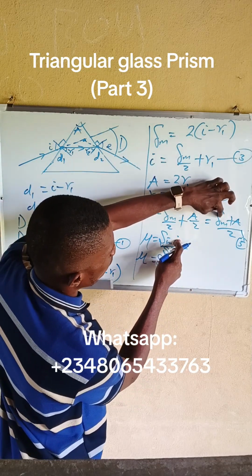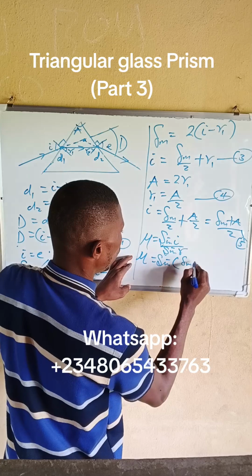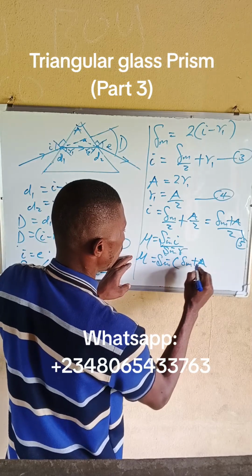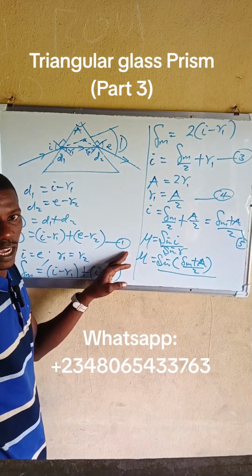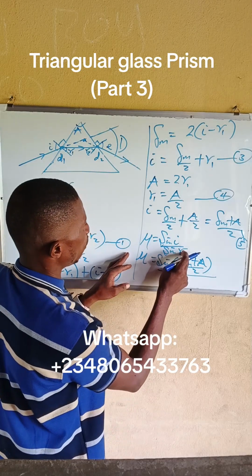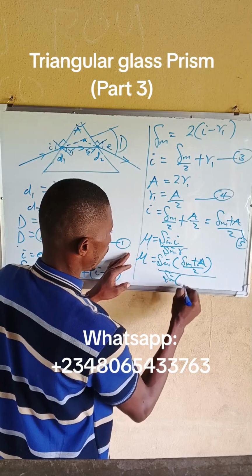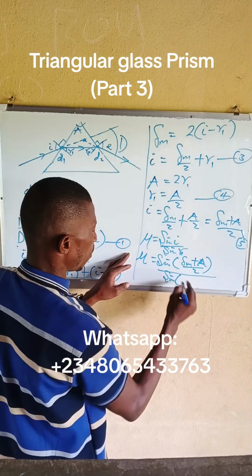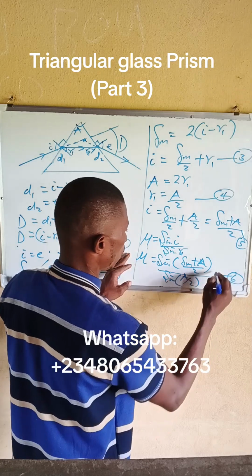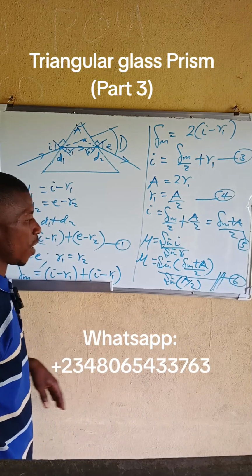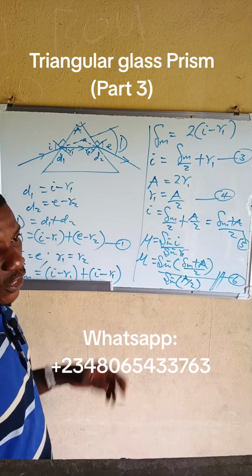This is my I: minimum deviation plus A over 2, all over sine R. Sine R will give me the angle of refraction, that is sine R1, which is A over 2. Call this equation 6. This is the refractive index of a triangular glass prism.